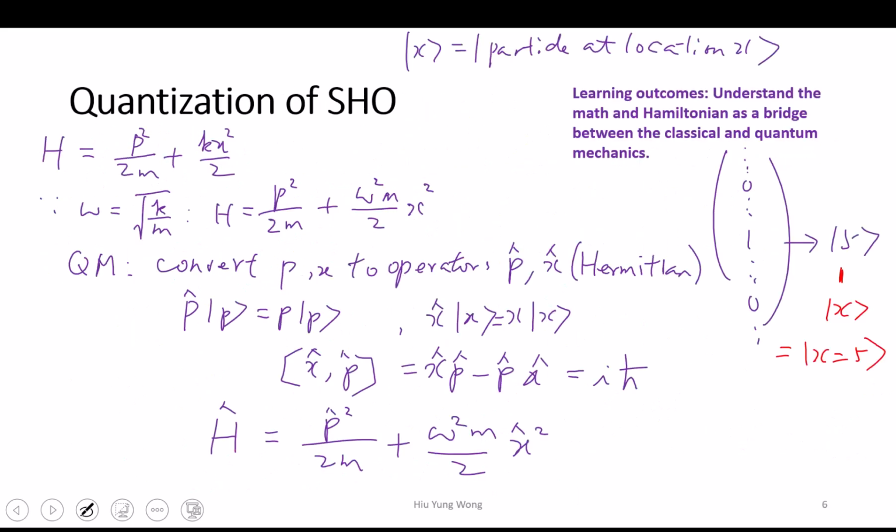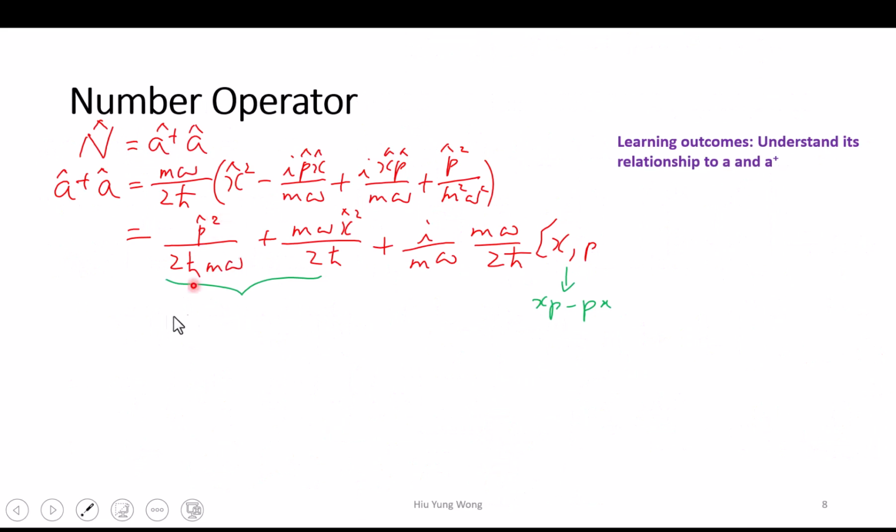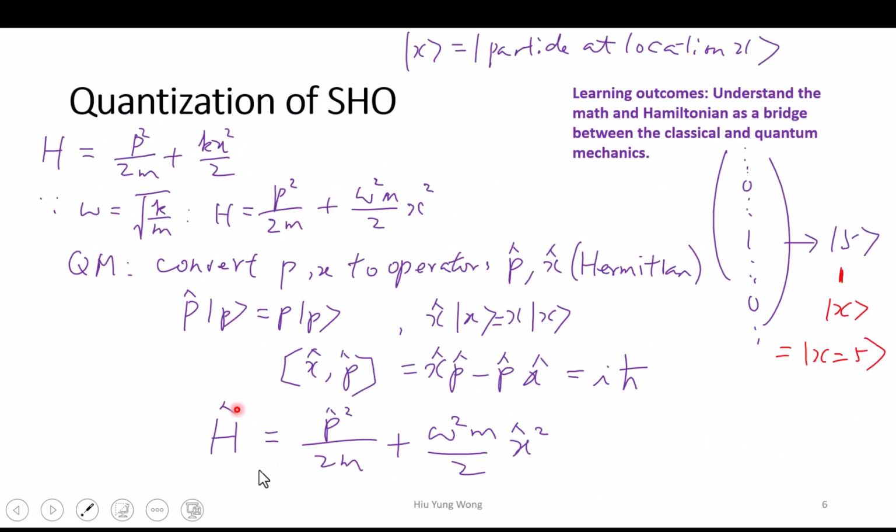What is the Hamiltonian? Do you remember? P squared divided by 2m plus m omega squared x squared divided by 2. This is equal to h bar omega times something.